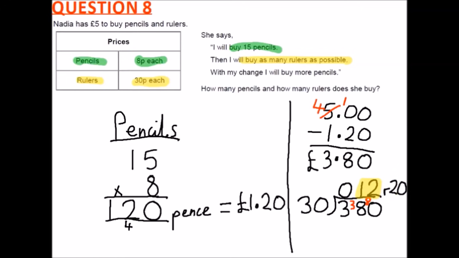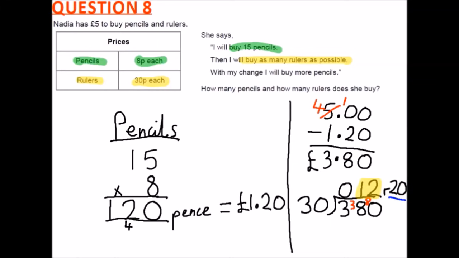So with that 20p she's got left, she's going to buy more pencils. Pencils are 8p each. How many 8p pencils can she buy with this 20p she's got left over? The answer is just 2. 1 pencil's 8, 2 pencils will be 16 pence, 3 pencils would be 24p, but she's only got 20p left to spend.